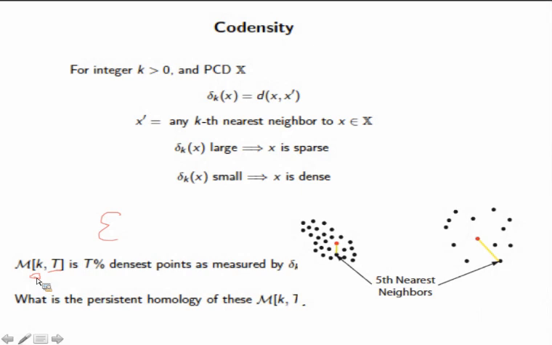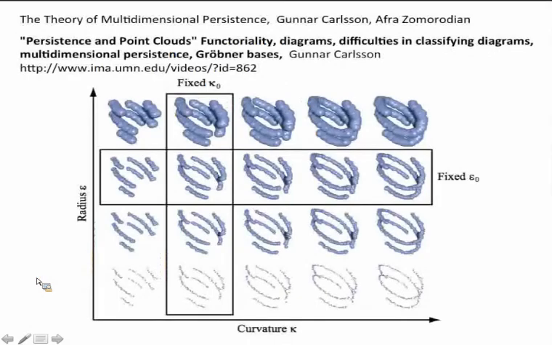So we can do multidimensional persistence, where maybe in one dimension you're changing radius, and in the other dimension you're changing another quantity. In this particular case, I took this figure from this talk, another talk from that 2009 tutorial, where in his example he was talking about curvature.